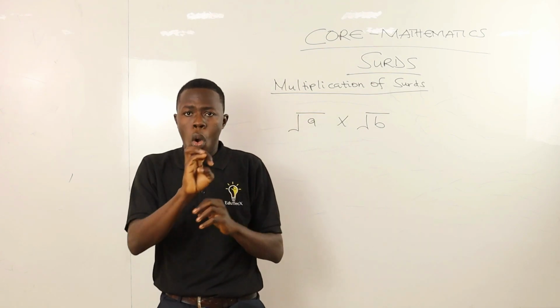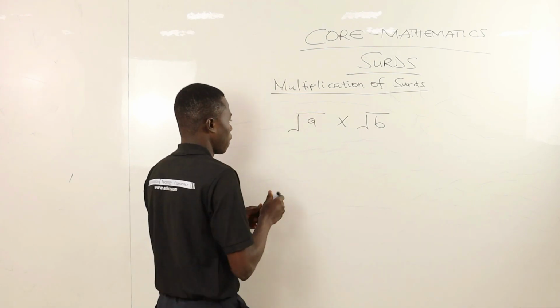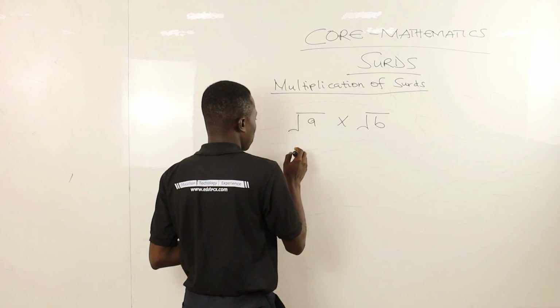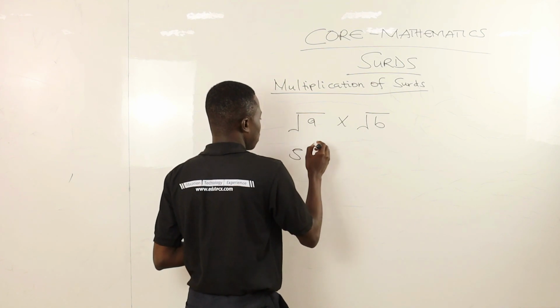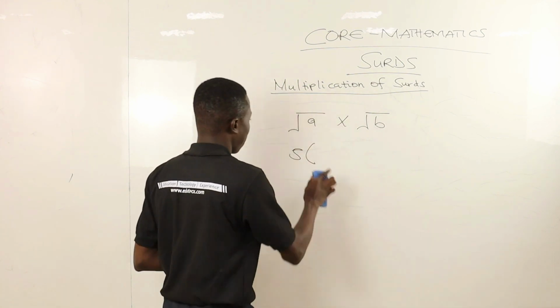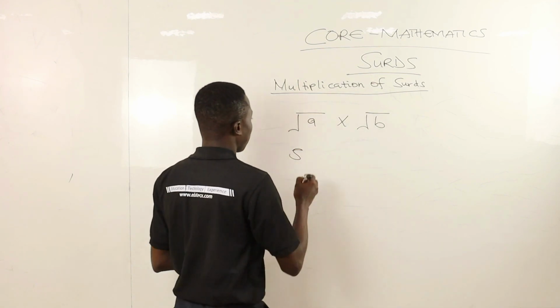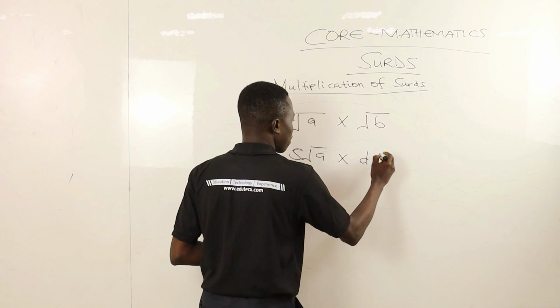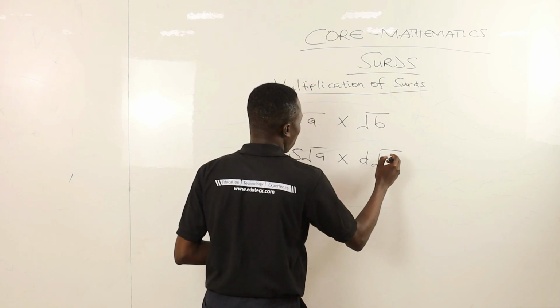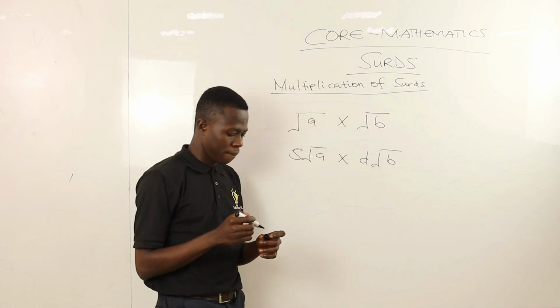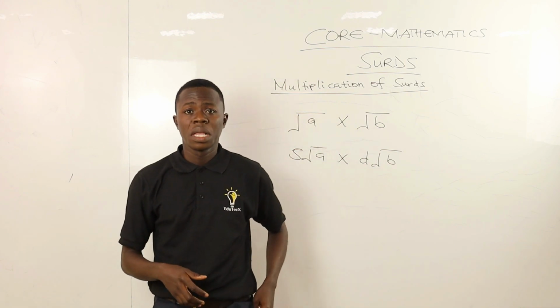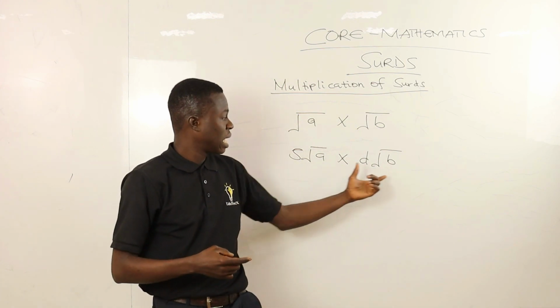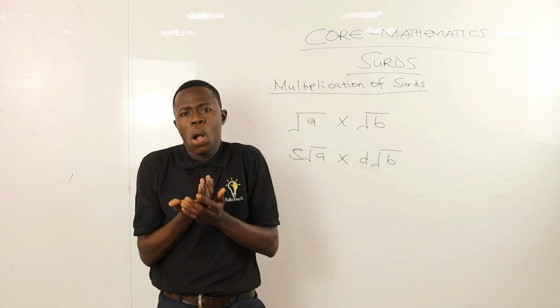Or you have another multiplication expression like S square root of A multiplied by D square root of B. If you have an expression like this one too, how do you solve it?